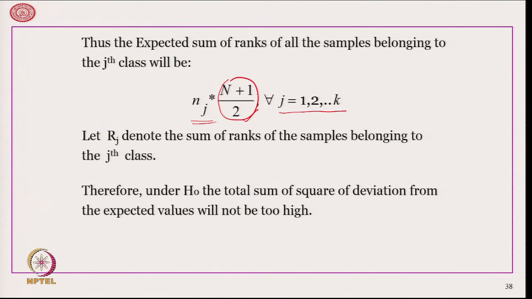Now, let us calculate the actual rank that we have got from the sample. Let R j denote the sum of ranks of the samples belonging to the jth class. Therefore, under H naught, the total sum of squares of deviation from the expected values will not be too high.